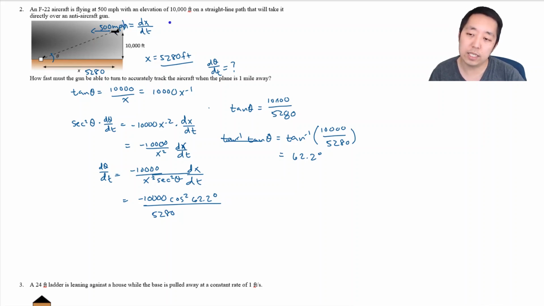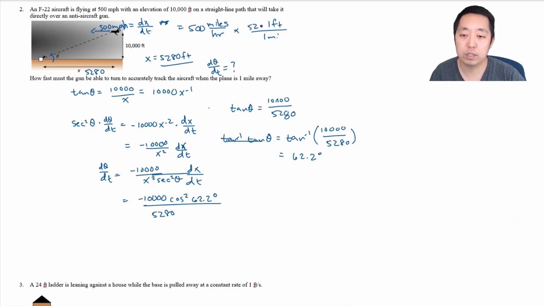Now dx dt is in miles per hour, so I want to convert it into feet per second, to make it more normal units. So this is 500 miles per hour. I can use dimensional analysis to convert this into feet per second. So I need feet on the numerator, and I need 1 mile on the denominator to cancel out with this mile.